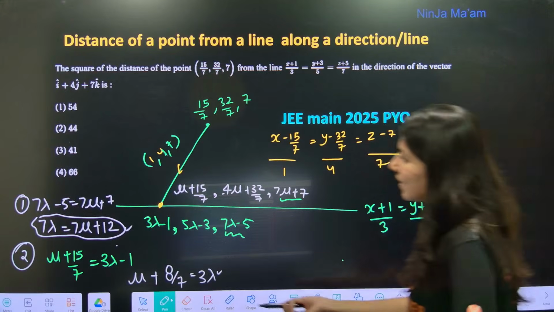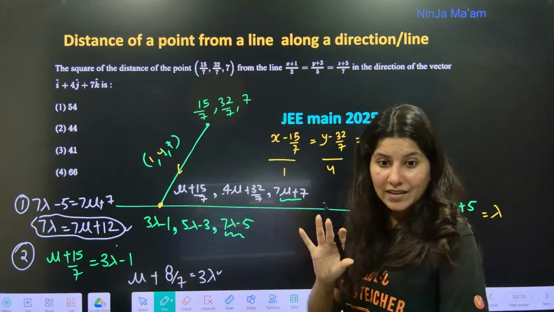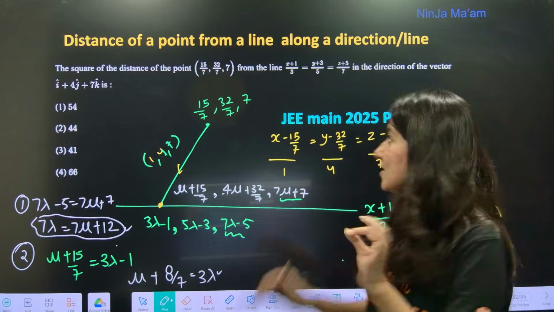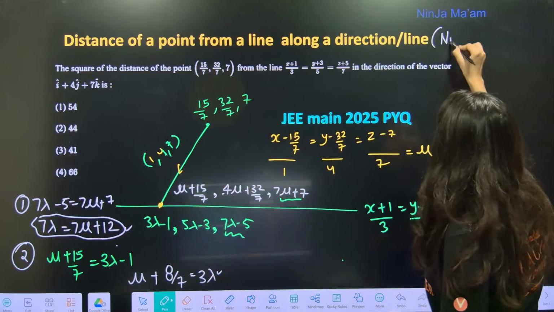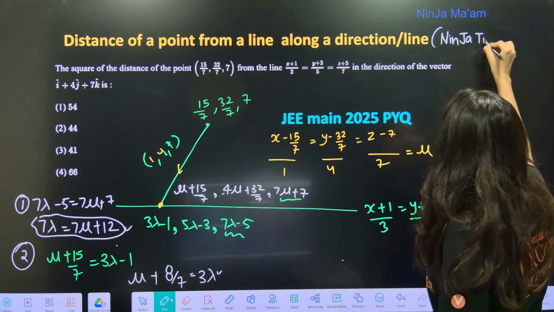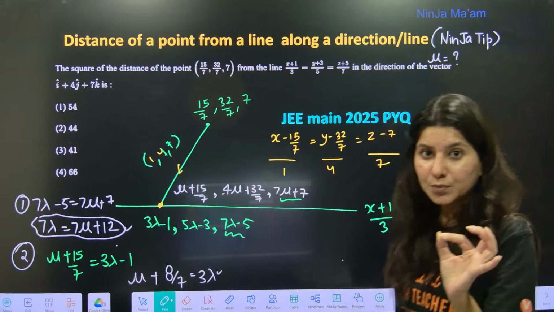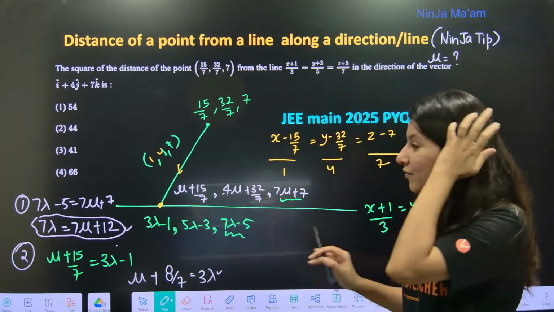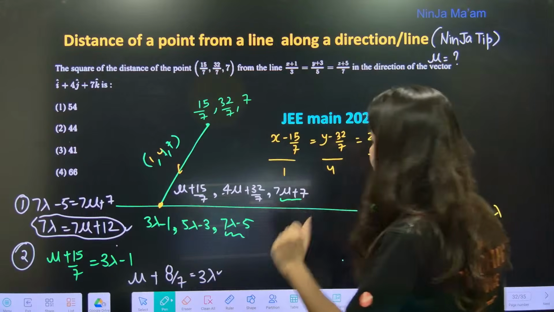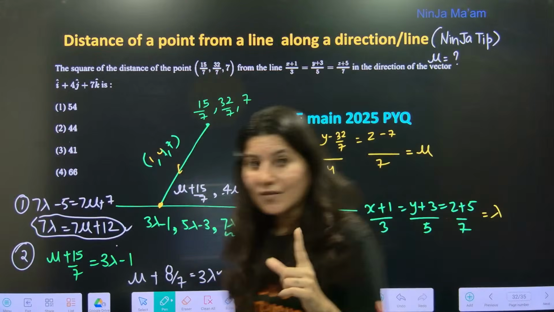Once mu and lambda is out. Now one more thing. By the way, one ninja tip in such question. Calculate mu. Calculation of mu. Because you know what? Once mu is calculated, now what you have to calculate?